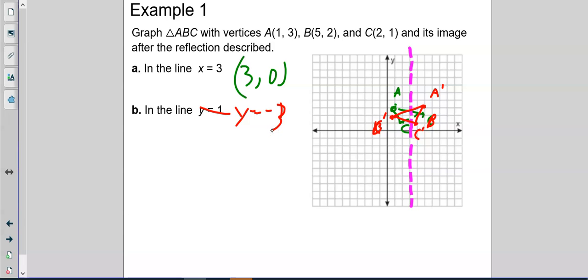Okay, so my dotted line is going to be down at 1, 2, 3 right here. This is my line of reflection. That was supposed to be dotted. It does not look very dotted, does it? Let's try that again. Dotted line right there. There we go. 1, 2, 3. Here's my line of reflection.